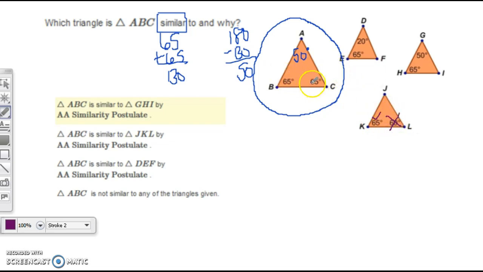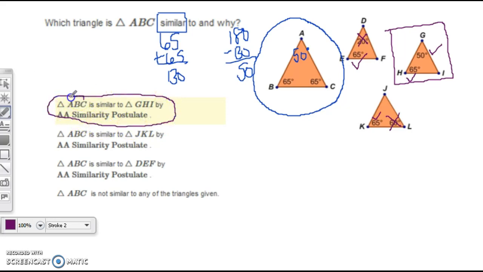Wah, wah, has to be 65. So this one says 65 and 20, that's no good because it has to be 50. This one says 65 and 50, which matches up perfectly. So this is going to be the triangle that's similar to it. And the reason it's similar is because two of the angles are congruent. So triangle ABC is similar to GHI by the angle-angle similarity postulate.